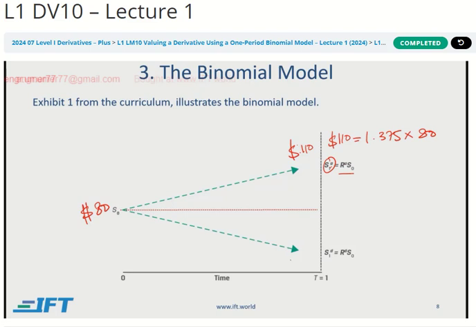And if you're going down to 60, then S down is 60, which can also be written as the down return, 0.75, multiplied by S0, which is 80. So this is the basics of the binomial model. Now in the next video, we will use this binomial model to calculate the price of an option.